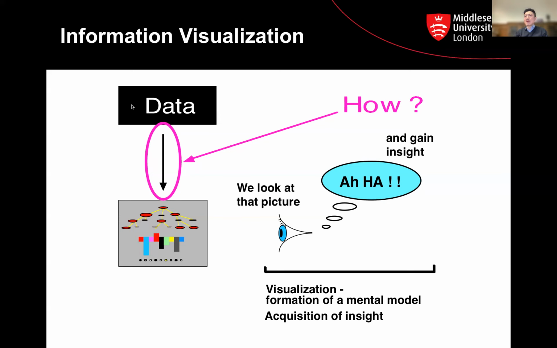So we have this data, which usually is a spreadsheet of rows and columns, into some different charts. You can have a tree, a bar chart, other things. And this visualization should allow people to find something interesting from the data, which you cannot really see very easily.